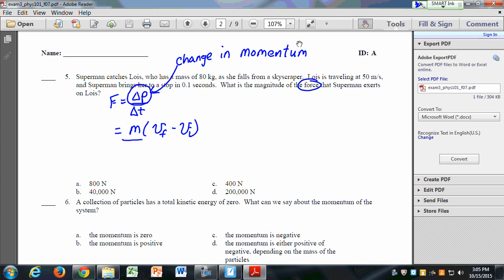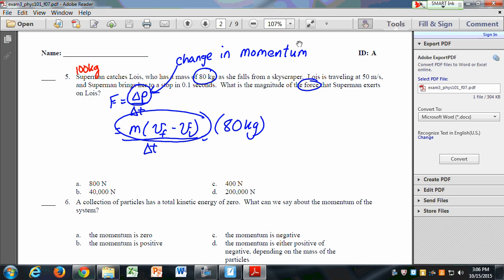All right, divided by my time. So this is the change in momentum. And in this case, it's going to be the mass, which is 80 kilograms. Be careful in this because sometimes in problems you'll have extra information that you don't need. So for example, if I gave the mass of Superman was 100 kilograms, you wouldn't use that.